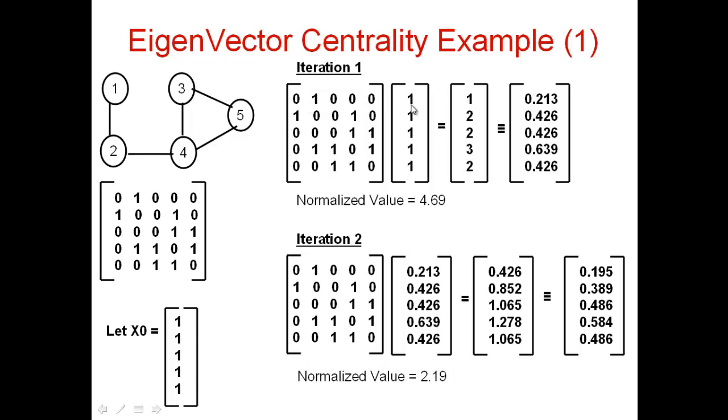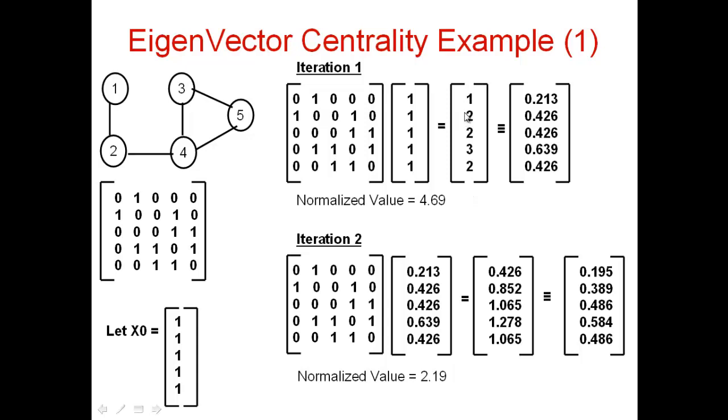So 0 times 1 plus 1 times 1 plus 0 times each of those ones, so that is 1. For this entry here, row 1, column 0, this row is multiplied by this column. So 1 times 1 plus 0 times 1 plus 0 times 1 plus 1 times 1 plus 0 times 1, so that's 2, and so on. So once you get that product vector, you have to normalize it.